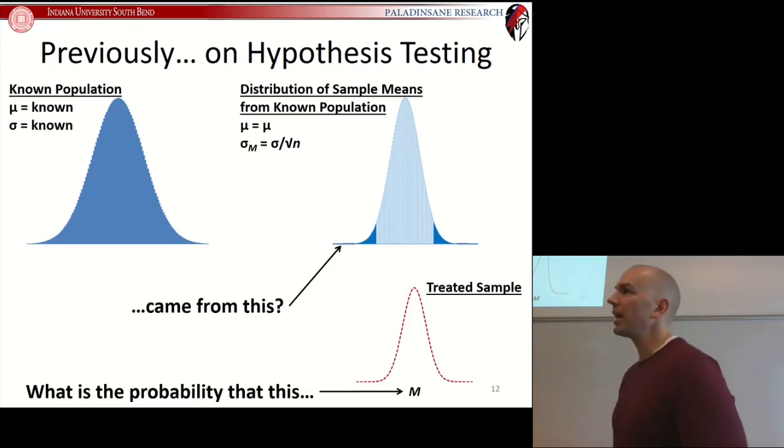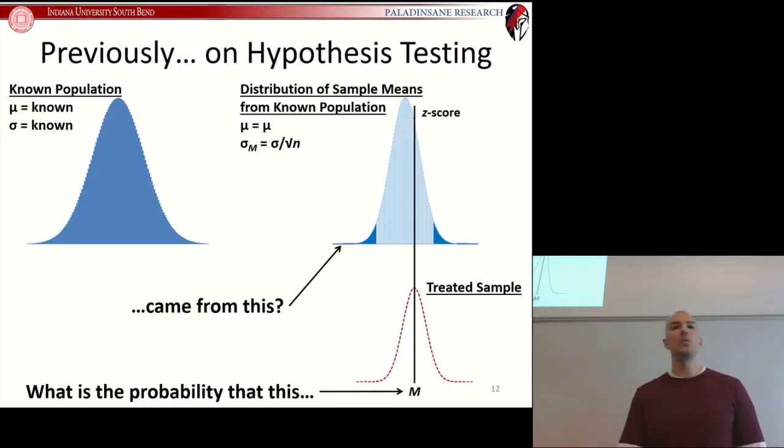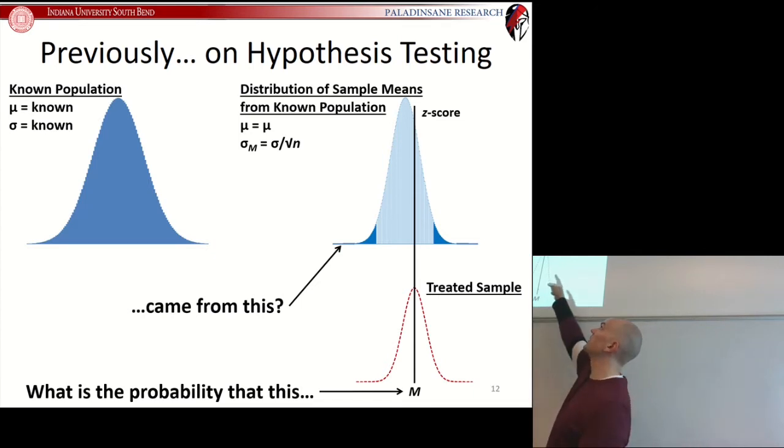If our sample was located in the body of the distribution, then we would conclude that it was a highly likely sample, that it likely belongs to this distribution of sample means, which means it likely consists of people that came from this known population, and we would say that our treatment has done nothing because it hasn't changed this population.